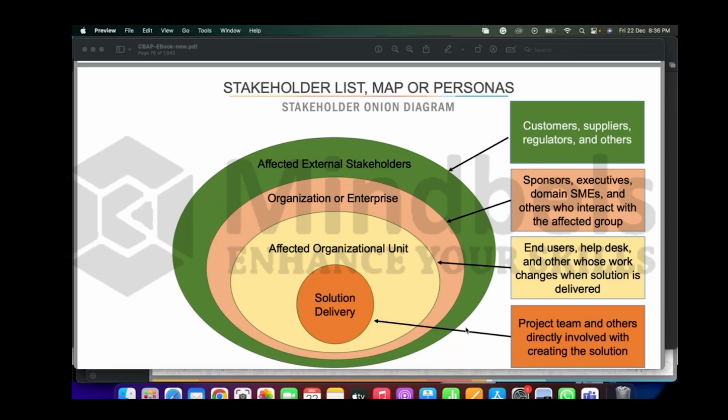It is a visual diagram that says I have a relationship with so many different stakeholders, personas, and organizations. All that is in your stakeholder onion diagram. You can take a quick glance at how it looks and what entities or individuals are involved in each of these activities.